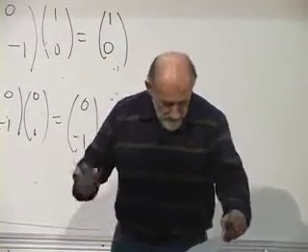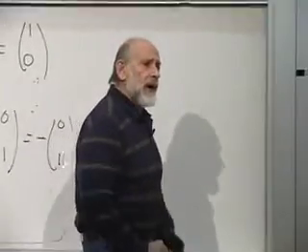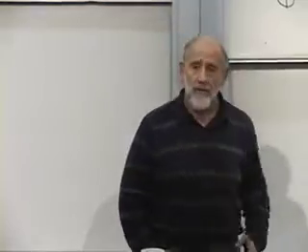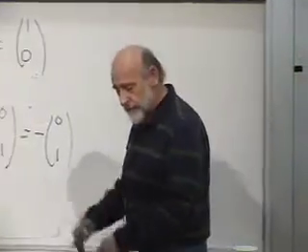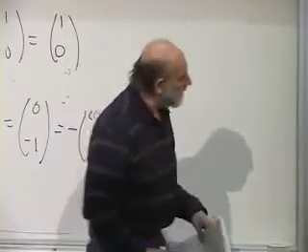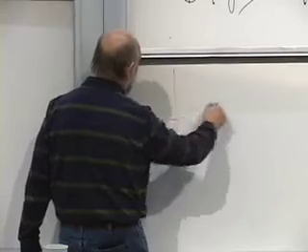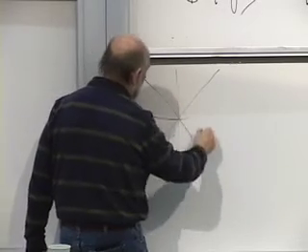Okay. So that's simple. But now you say, wait a minute, what happens if I orient my polarizer in another direction? Nothing's to prevent me from taking my polarizer and orienting it, for example, along the 45-degree axes.